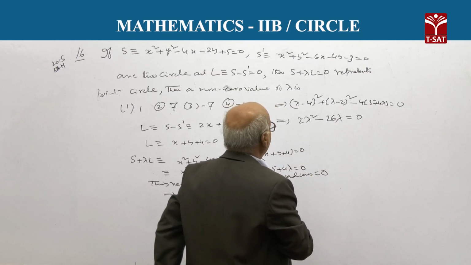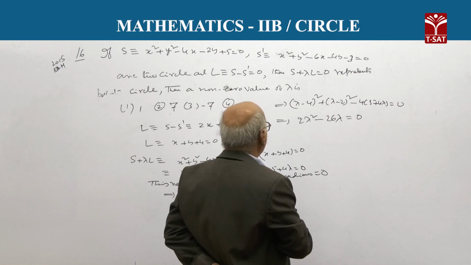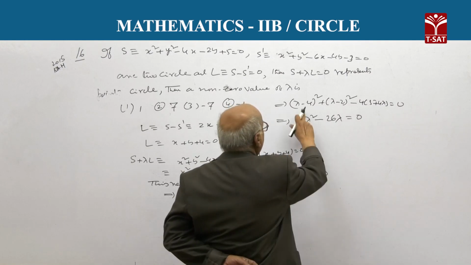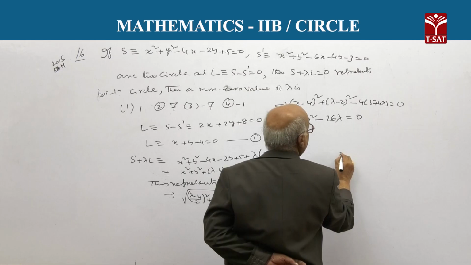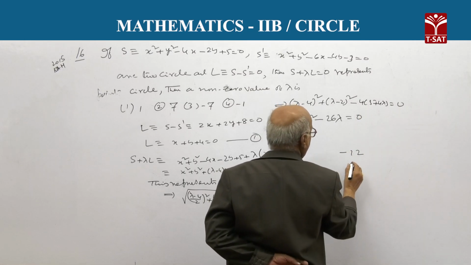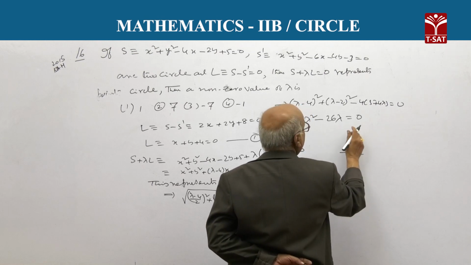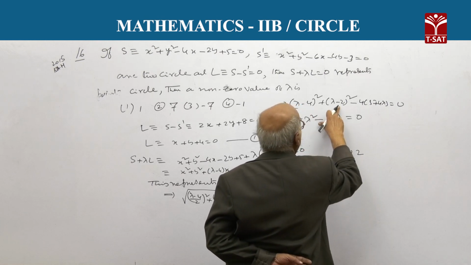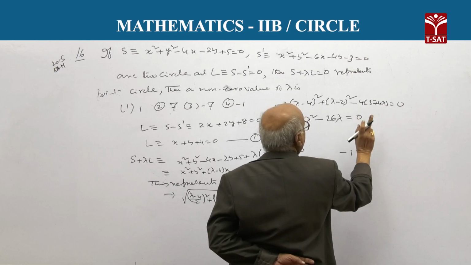Is it correct or not? Minus 4 minus 8 lambda minus 4 lambda means minus 12, plus 20 minus 20. 16 plus 4, 20 minus 20 is okay.